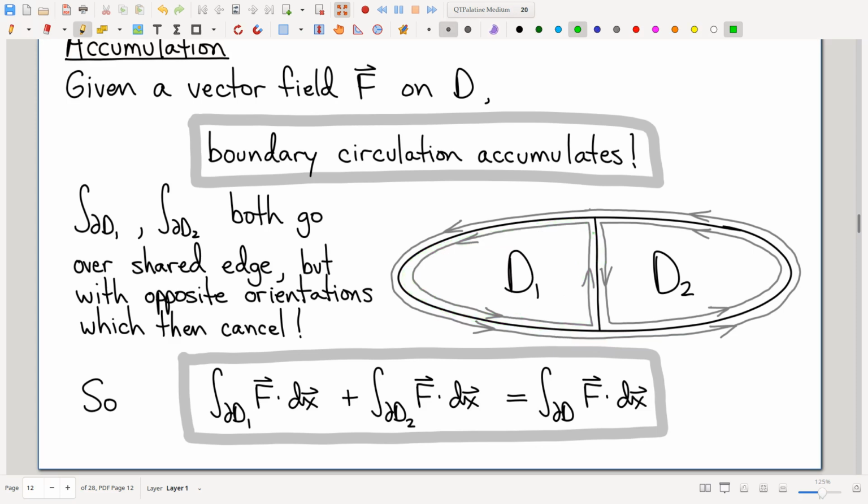Actually, you know what? Let me draw this a little differently. This is the boundary of the left side, consisting of those two kind of chunks of curve. And then here's the boundary of the right side, over which I would need to compute circulation of the right half. And now we'll look at the whole.